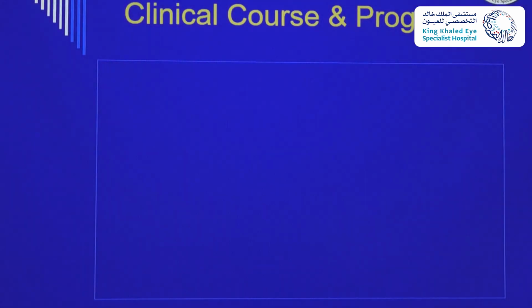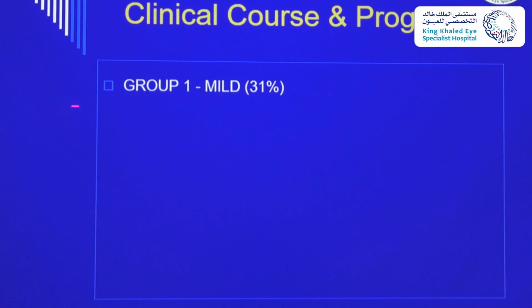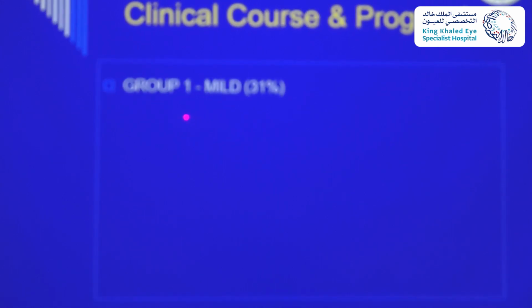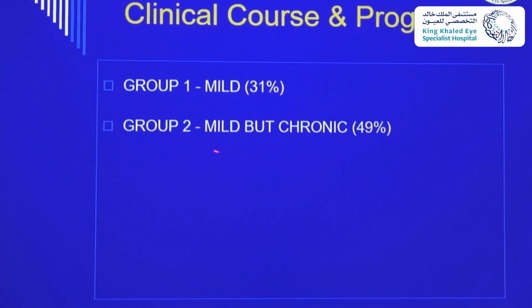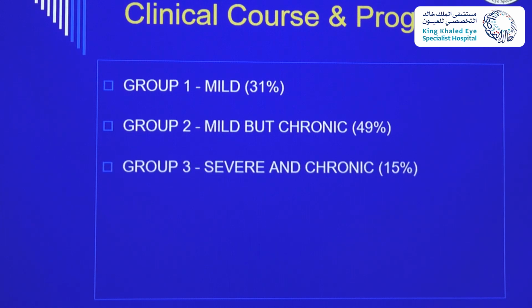So, clinical course and prognosis of intermediate uveitis, we group it in more than one group. Group 1 usually have mild disease, representing 31% of intermediate uveitis. Group 2 is mild but chronic at the same time, almost 50% of patients with intermediate uveitis. Group 3 have a severe and chronic course, representing 15%.